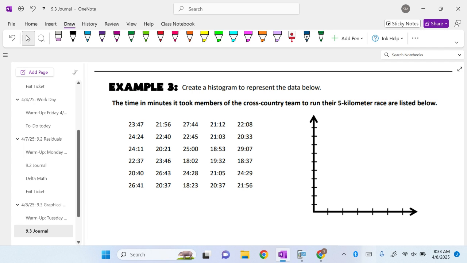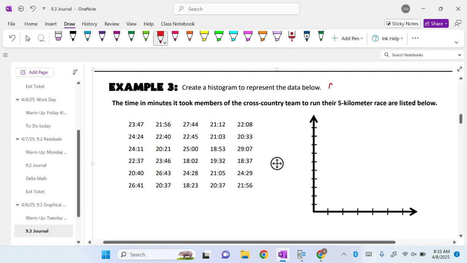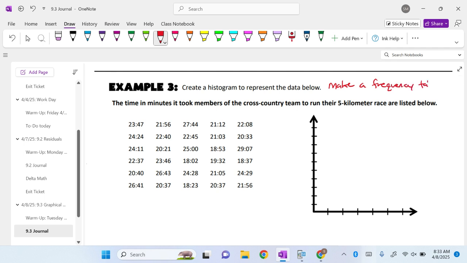All right. So whenever you make histograms, the first thing you want to do is make a frequency table. Now, a frequency table tells us how many from our set fall within this range.